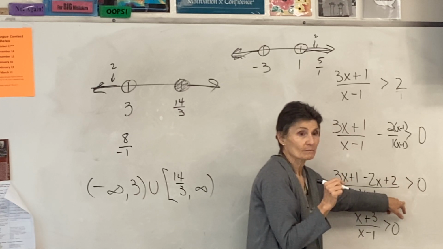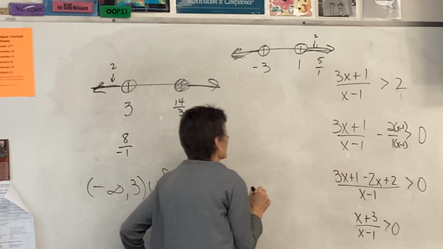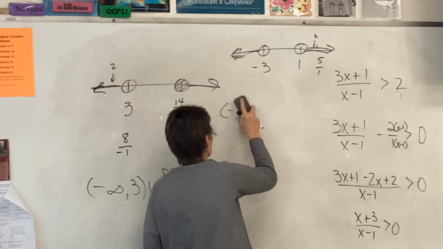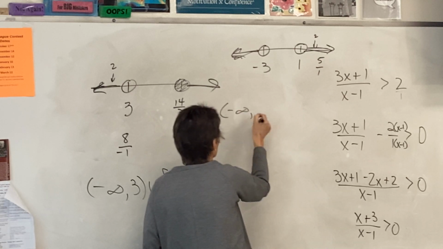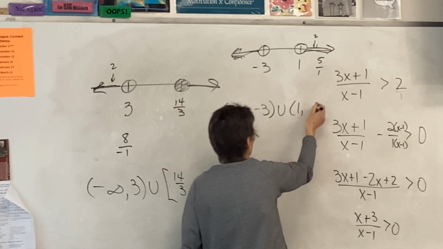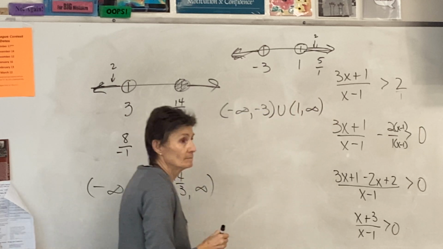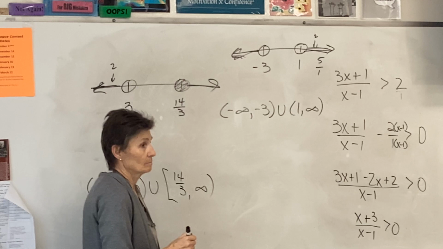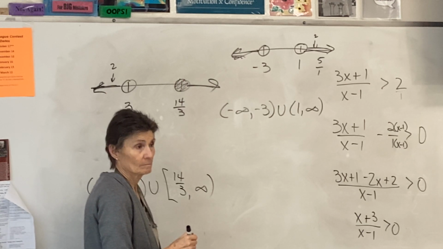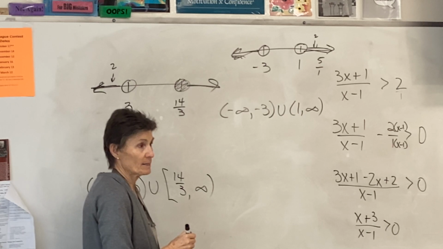So parentheses, parentheses, negative infinity, -3, union, 1, infinity. Is everybody okay with that?